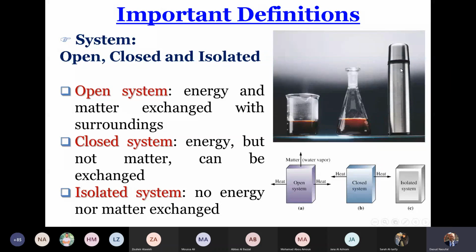You put, for example, coffee inside. The coffee does not exchange matter with the external because the volume and the mass are constant. At the same time, the temperature of the coffee is the same, so it does not exchange energy with the external. This is an isolated system.